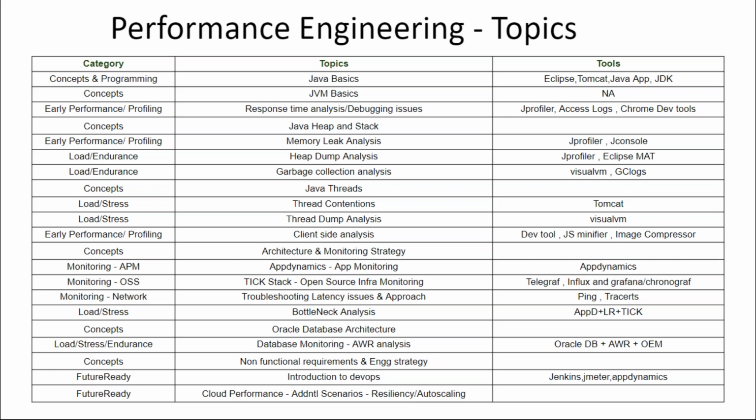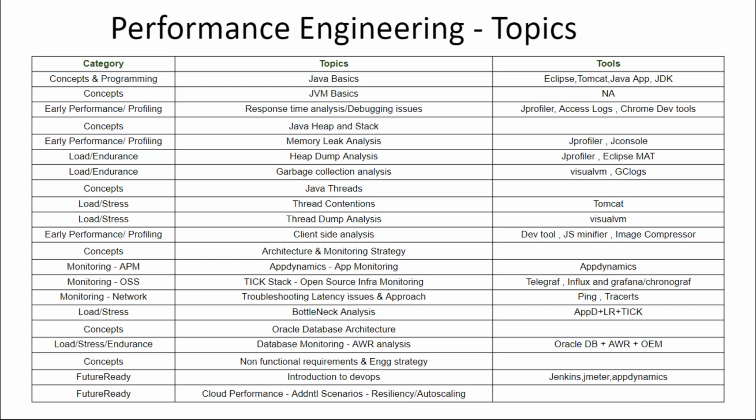Okay. Now, so far we have seen complete analysis of all the server side, your client side, monitoring aspect. One more important aspect is going to be your database aspect, right? Oracle database.